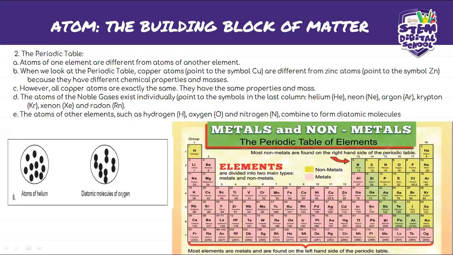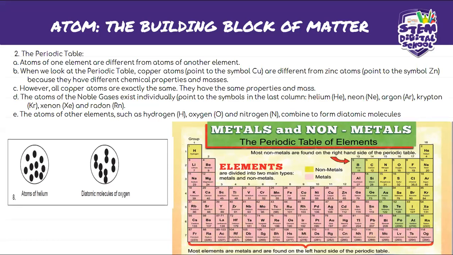So we are saying atoms are not the same. An atom of one element cannot be the same as an atom of another element, meaning element A and element B are entirely different. So let's look at the periodic table, where we are going to get examples of the elements we are talking about.